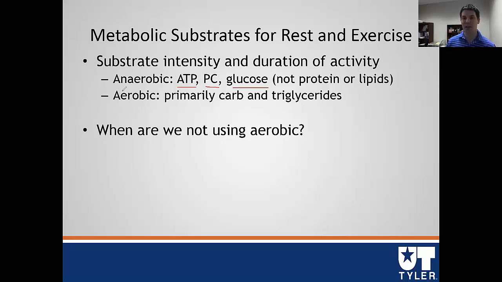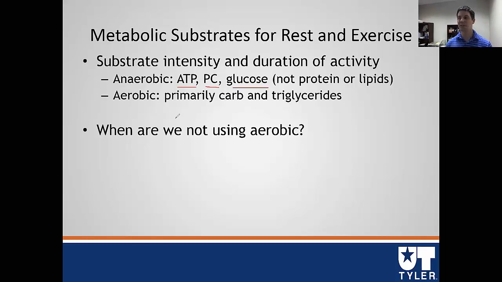In aerobic metabolism, we require oxygen as the final electron acceptor in the electron transport chain for the production of ATP. It's great because it produces a lot of ATP, much more than anaerobic. However, the limitation is we have to have sufficient oxygen to keep it going. With aerobic, we're going to primarily use carbohydrates and triglycerides.